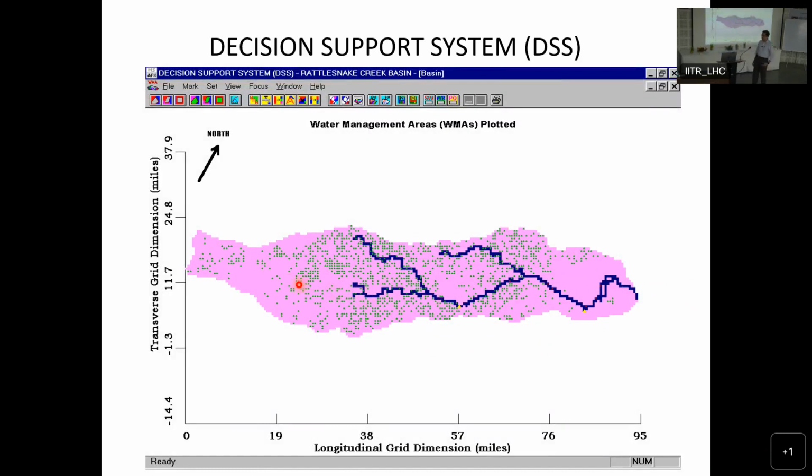I'm not sure how clearly you can see this, but each of these green dots, you see those green dots? Yeah. So each of these green dots is a single well. And each of them is represented with their well number and so on in the decision support system. And therefore, when we look at a scenario which says some 1.2 kilometers from the stream, shut off all the wells, all those wells that are close to the stream can be shut off.